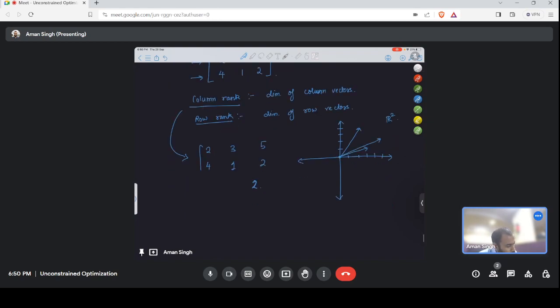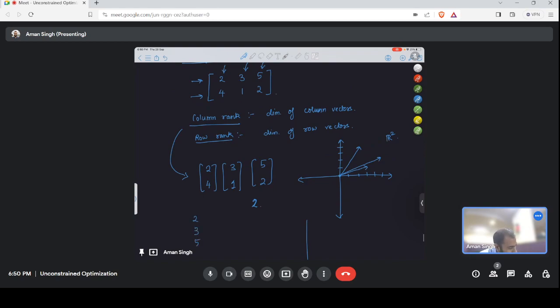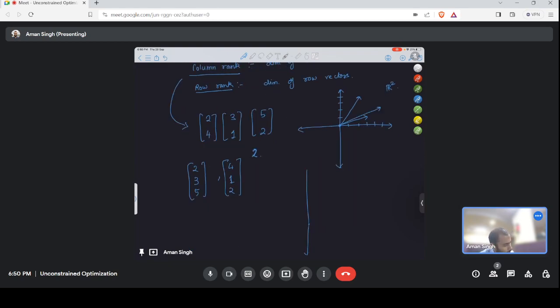And what is the row rank? So let's see what the row vectors are. 2, 3, 5 is one row, and 4, 1, 2 is the other.